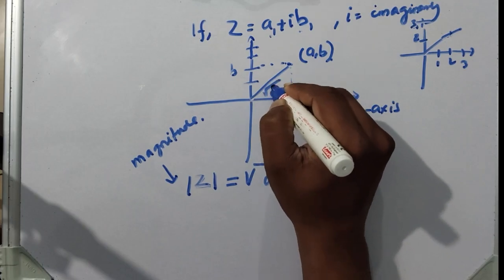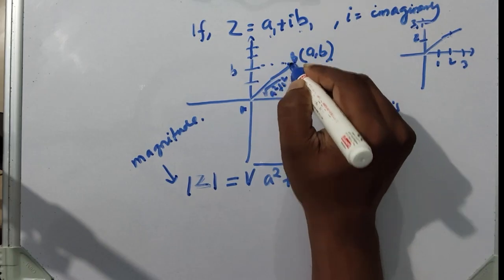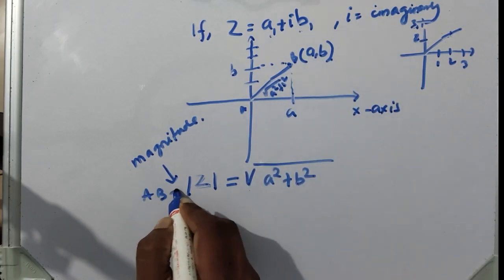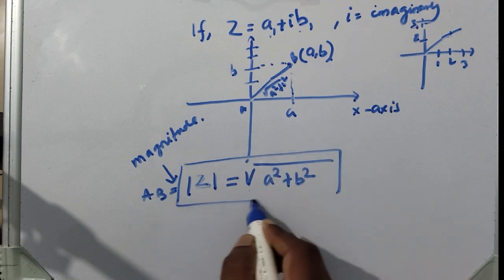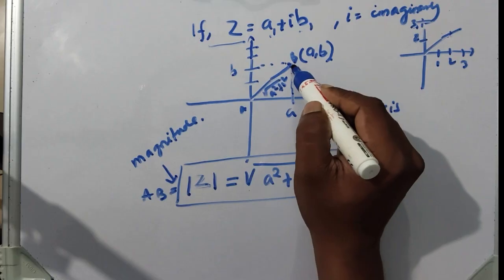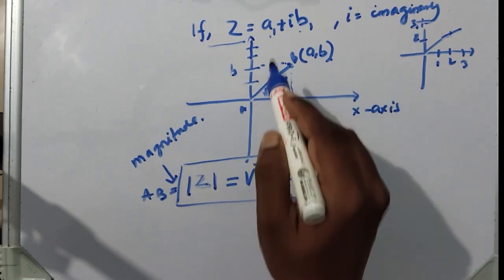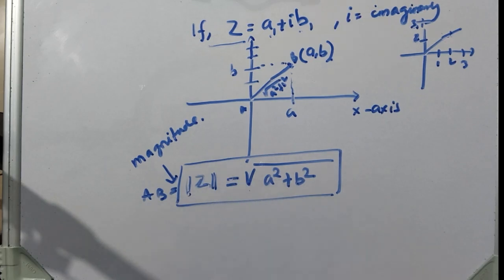This hypotenuse AB equals mod of z. So this is the concept part we have to memorize: if z is equal to this, its representation is this on a coordinate axis, and the mod of z is equal to this.